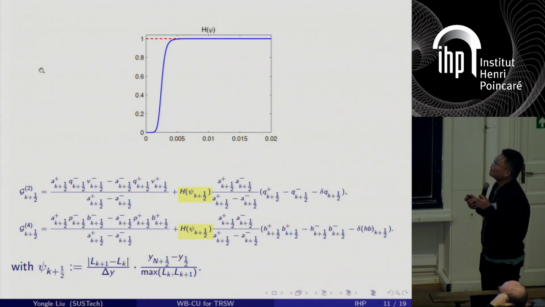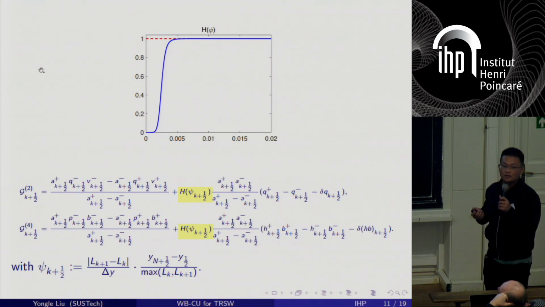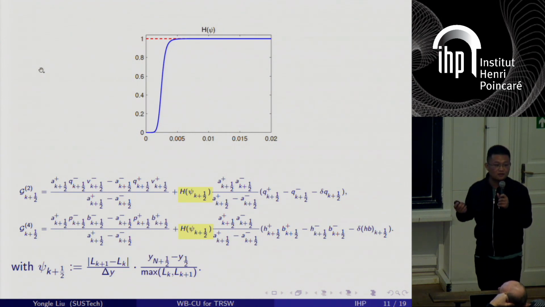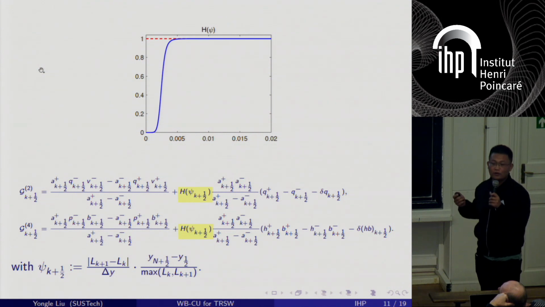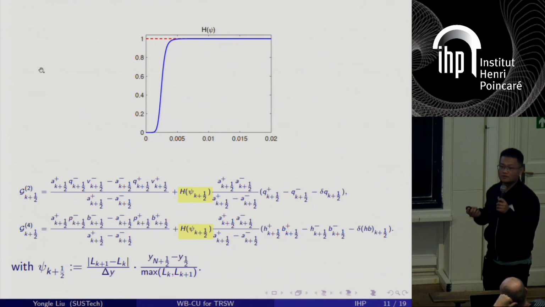If psi is positive or a little large, then the switch is on. We just need to add this switch into the second and the fourth components. So if we are at the steady state or near the steady state, we switch off these two terms. If we are away from the steady state, we switch on these two terms. This makes our numerical scheme a well-balanced one.